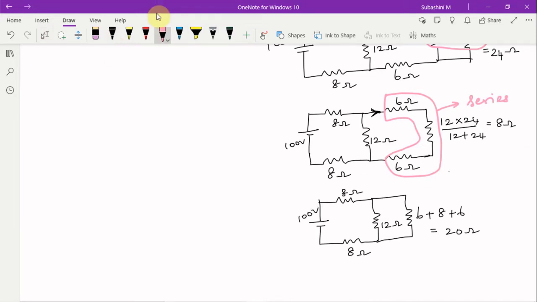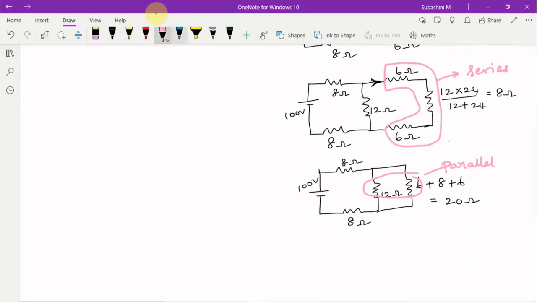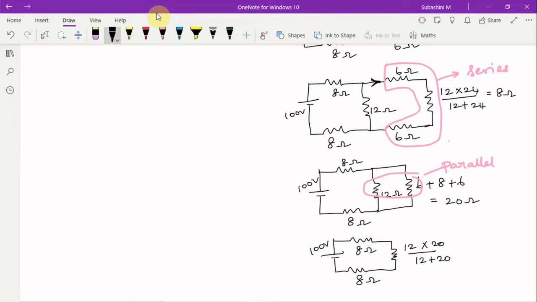Again you can see that here we have a parallel combination, so I am going to reduce it further. This parallel combination will be 12 into 20 divided by 12 plus 20, which gives 7.5 ohms.